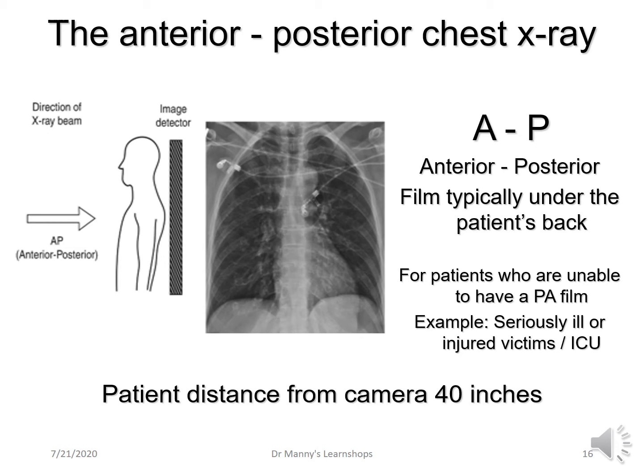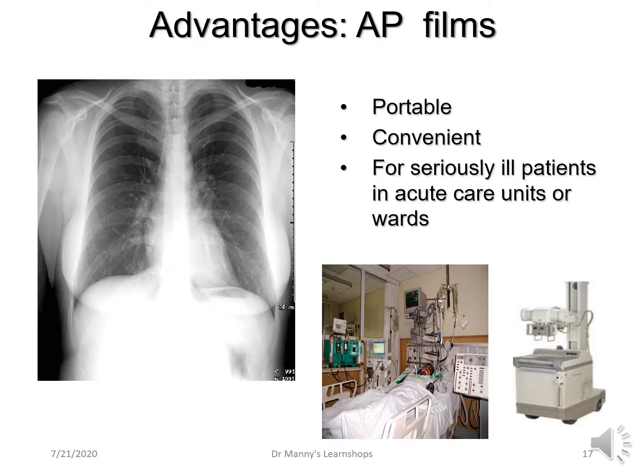And typically the patient distance from the camera is about 40 inches, which may make the intrathoracic structures a little bit bigger. So the advantages of an AP film are, look, it's convenient, it's portable.